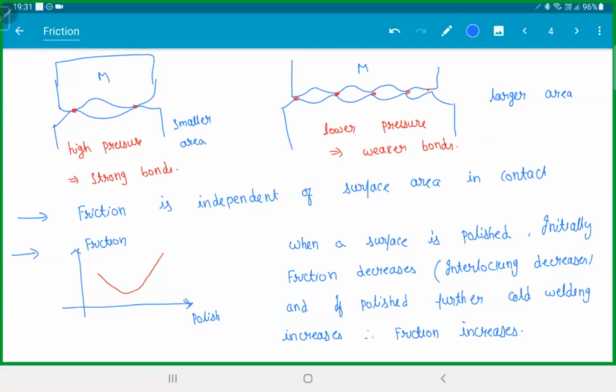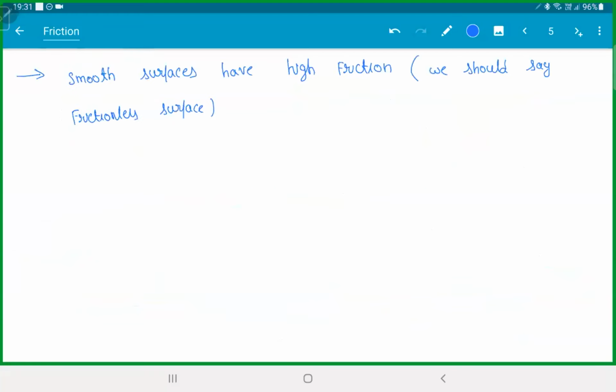Clear? Now, listen carefully. These are the two main important points, finding the direction and the magnitude. If you know these two things, the chapter is over actually.